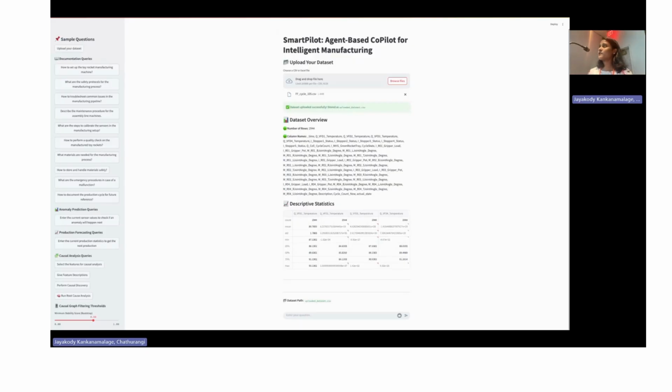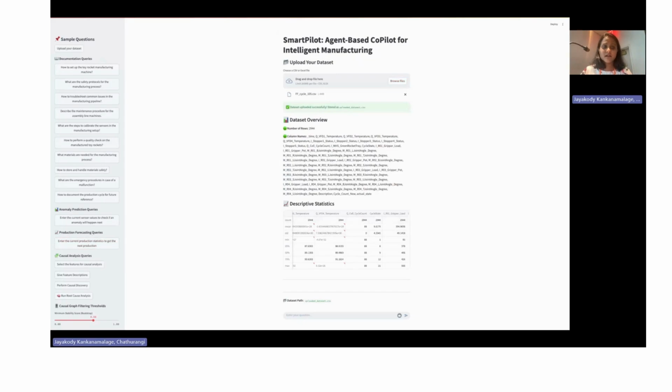And it will also give descriptive statistics of the dataset for all the sensor values. So now, since I'm a new hire, I get a complete overview of the manufacturing setup and what kind of sensors it includes, the data types it has, and overall statistics of this dataset.